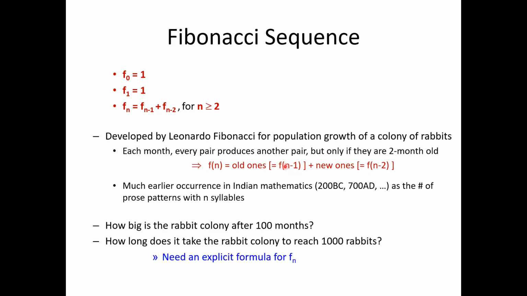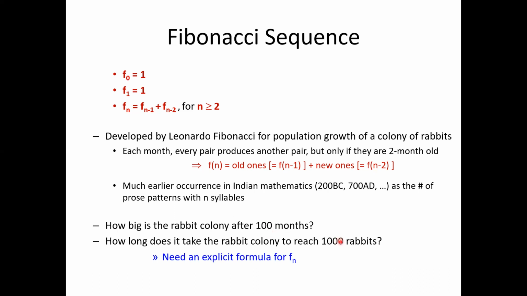And you have this very simple recursive behavior, and you can ask, how big should I expect this rabbit colony to be after 100 months? Should it be quadratic in 100, exponential in 100?